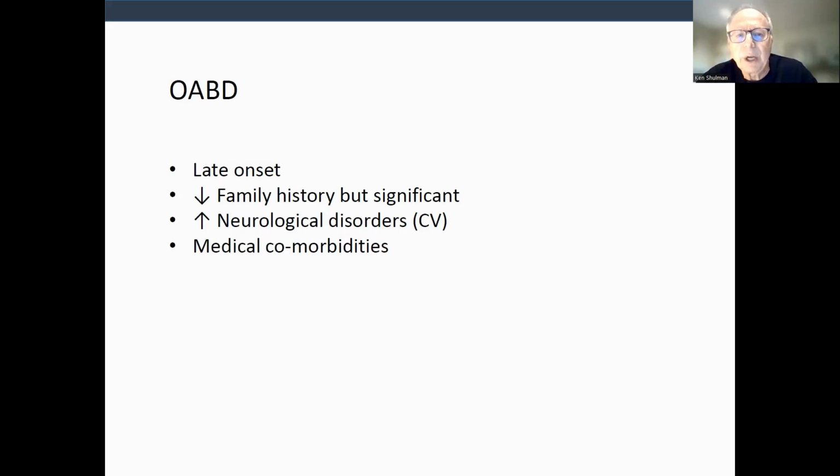Late onset is generally considered over 40, but older adults is over 60 for the purposes of this. Let me make it clear that I don't consider 60 to be geriatric. I have a vested interest in that and a special sensitivity to not using the term geriatric to 65 and older.